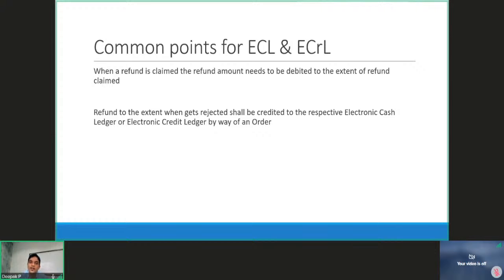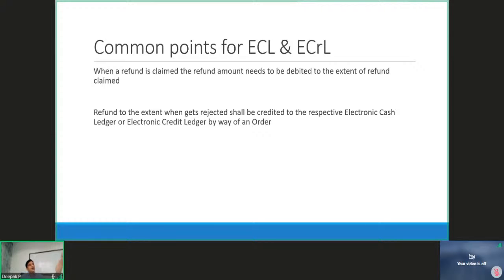No, not possible. For RCM liability, you will have to have a balance in your electronic cash ledger to make the payment. Once you make the payment, that amount which you have paid through cash for the RCM is a credit available to you.